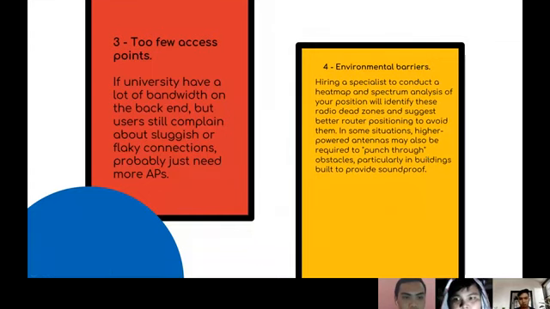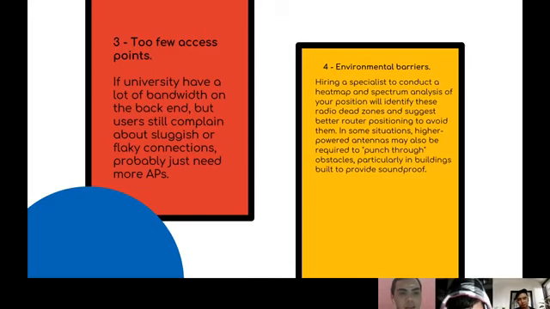Okay, number 3, too few access points. If the university has a lot of bandwidth on the back end, but users still complain about sluggish or flaky connections, they probably just need more access points. Okay, number 4, environmental barriers.